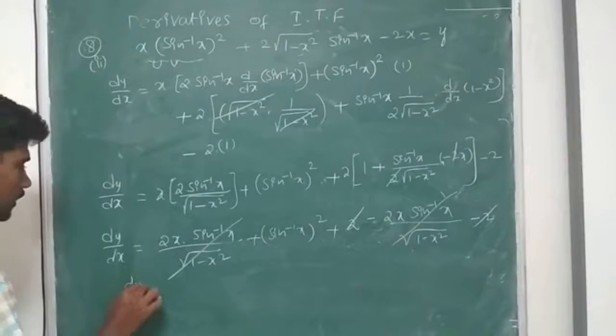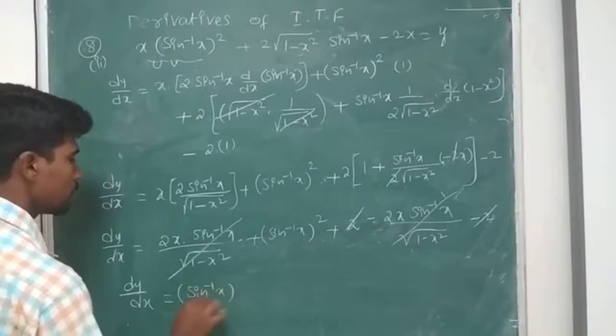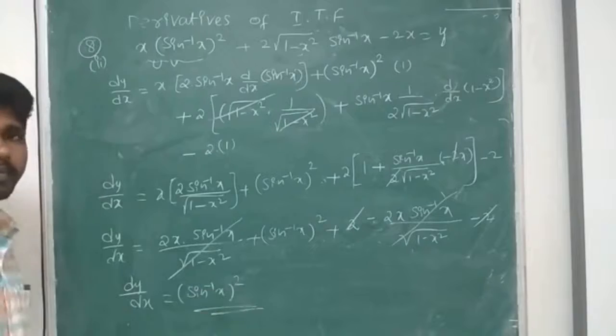So we get dy by dx as sin inverse x whole square.